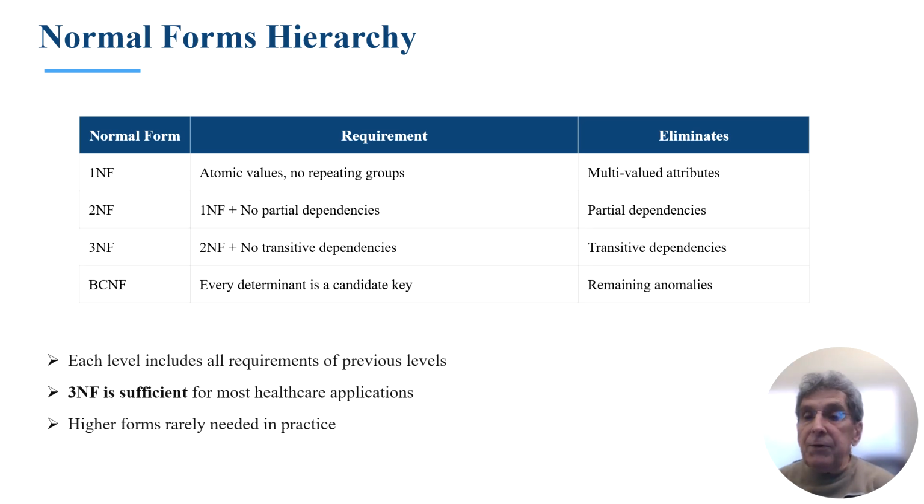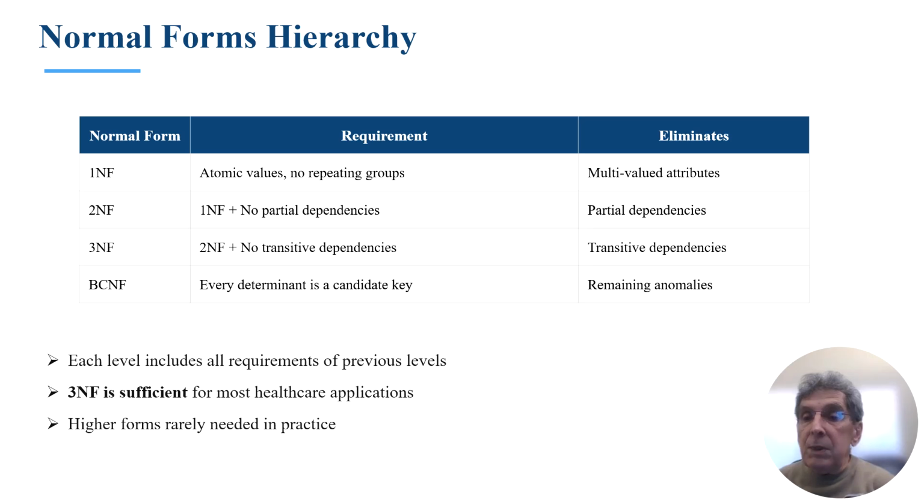Let's look at the hierarchy of normal forms and what each one accomplishes. First normal form requires that all values be atomic. No lists, no repeating groups, no multiple values stuffed into a single cell or column. First normal form eliminates multi-valued attributes and ensures every cell contains exactly one value.